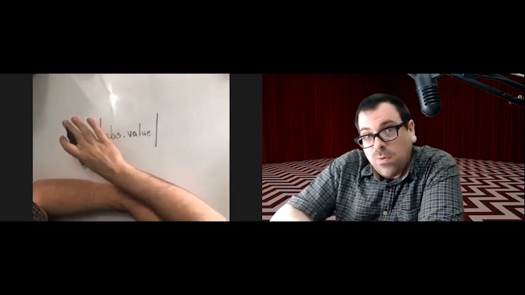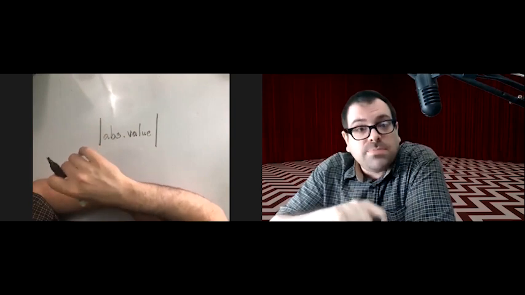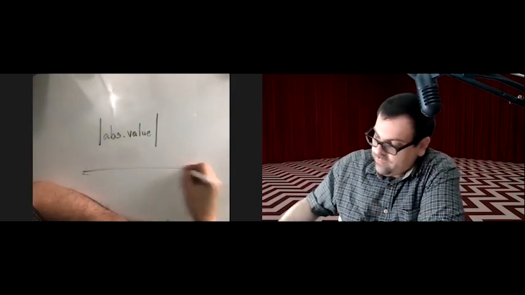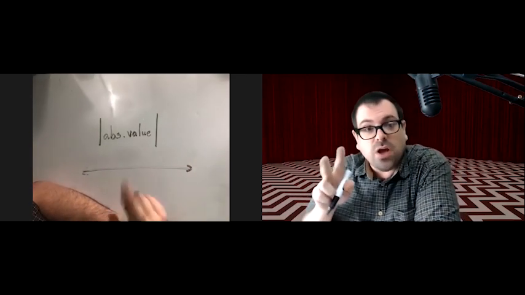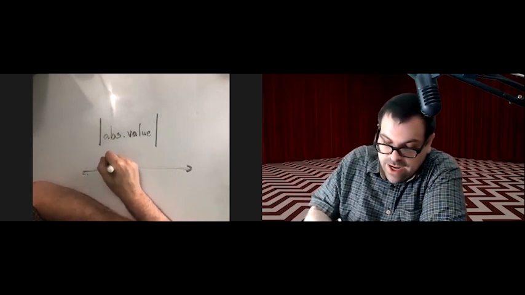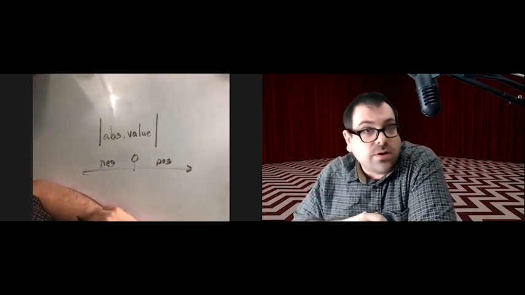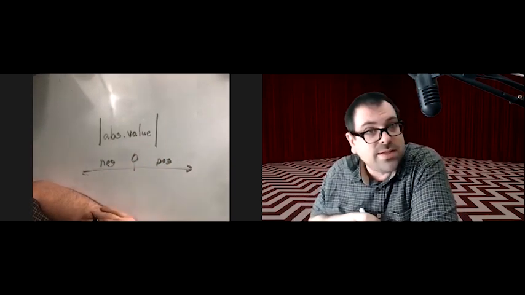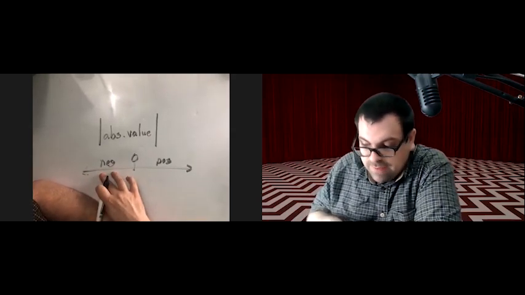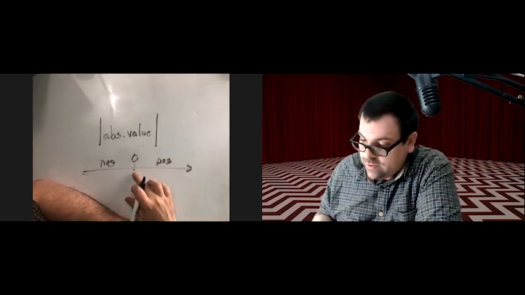Not always positive, that's really close. Always positive or what? If we think of our number line, there's not two choices, positive or negative. There's three choices. You're either negative, you're positive, or you are 0. So we consider all three cases. If we can't be negative, that means we can be positive, but we could also be 0.